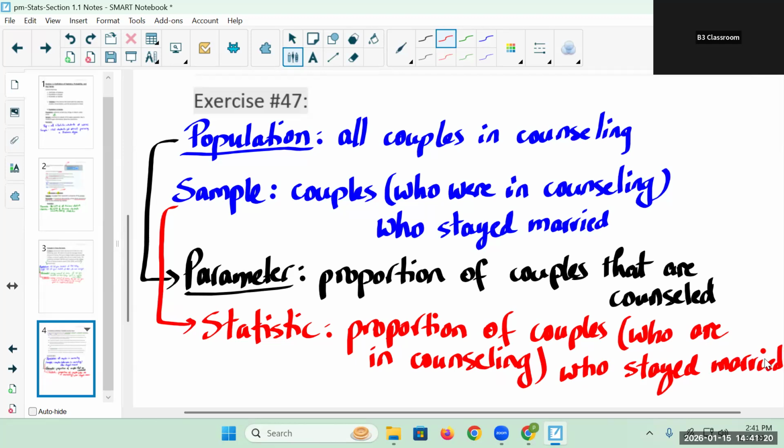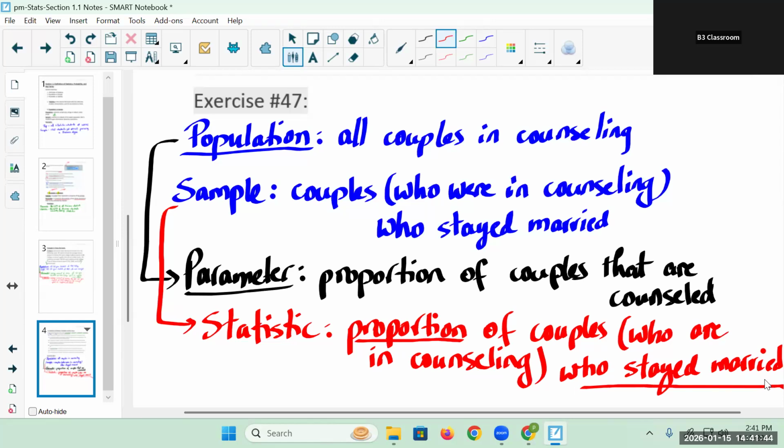This is really what that counselor is interested in figuring out. And I still think it's too general. It would have to be more specific for a year or a number of years to do that. But it's the proportion out of the population that actually receive counseling but stay married.